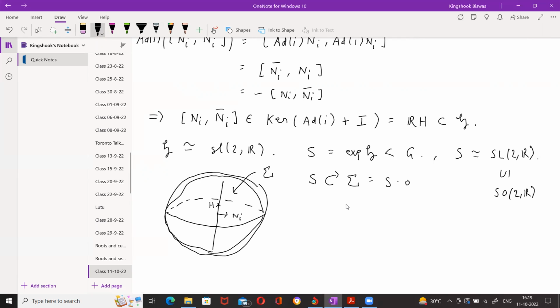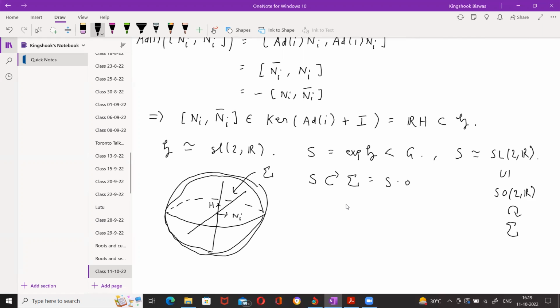So I have an SO2R which will act by isometries on this submanifold sigma. That will basically be rotations in this two-plane. By rotating, I'll get geodesics in all directions through the origin.